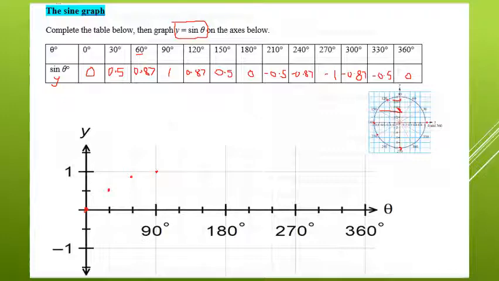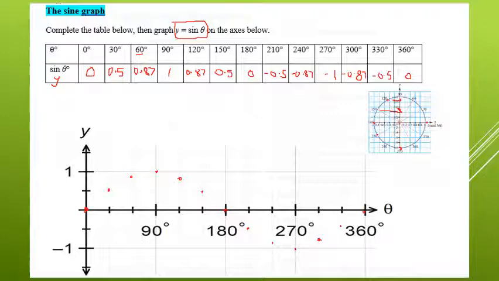If we keep going through, I won't read all of them, so I'm just going to plot the points as I read through the table. You can do the same in your notes. 0.5, 0.87, negative 0.87, negative 1, negative 0.87, negative 0.5, and back to 0.